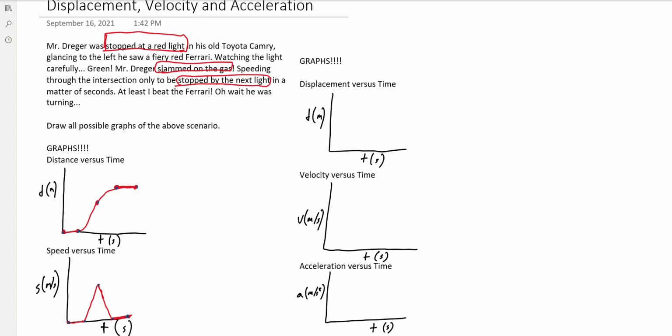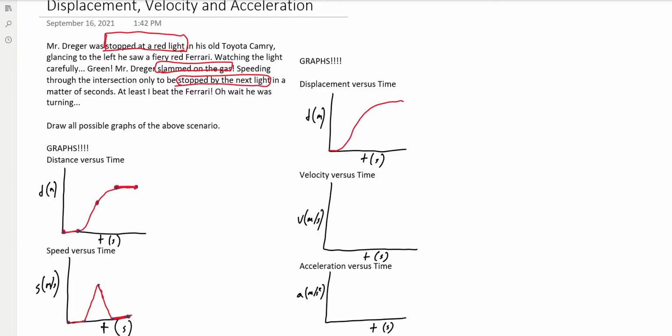When we're talking about displacement, velocity, and acceleration, we would have a slightly different thing going on. So let's take a look here. It's going to be very similar at first, where our displacement is going to look very similar because the whole time we're going in the positive direction.